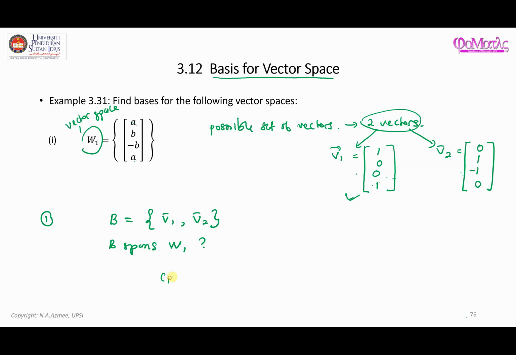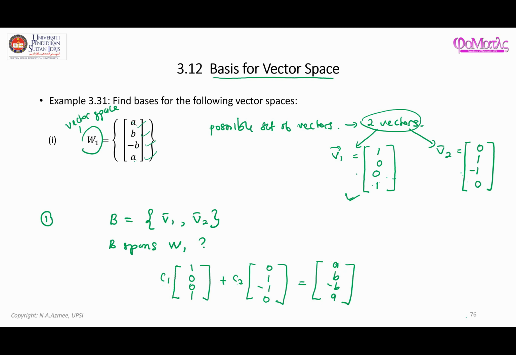So here we have C1 times the vector 1, 0, 0, 1, plus C2 times 0, 1, negative 1, 0, and this should equal something that can be represented by simple alphabets. Since we already have these alphabets, we can just use them right away, so we have this equal to A, B, negative B, and A. Therefore, we need to be able to show that we have values for C1 and C2.